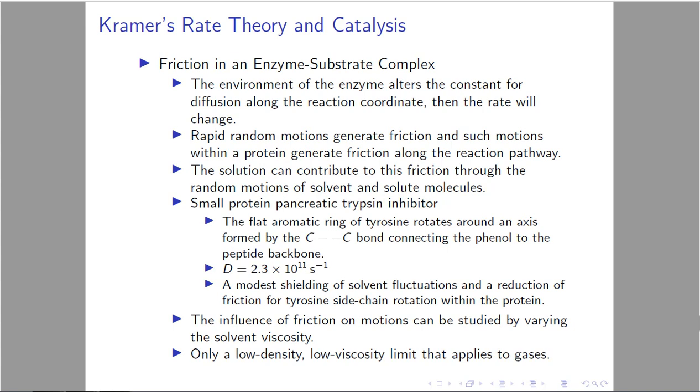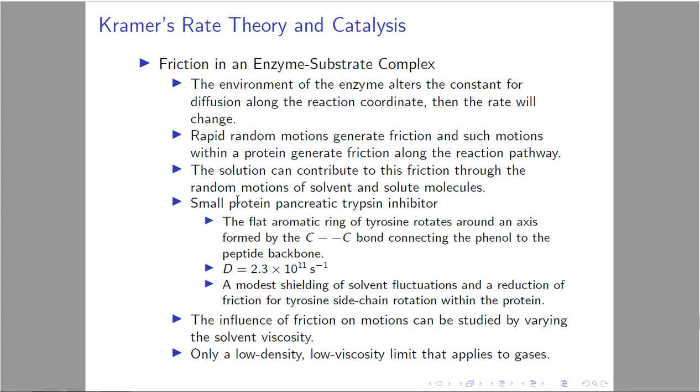Okay, and when we add enzyme and substrate, we increase the friction. Okay, so the environment of the enzyme alters the diffusion constant along the reaction coordinate, and then the rate will change. Random motion generates friction, and such motion within a protein generates friction along the reaction pathway. And then the solution can contribute to this friction through the random motion of solvent and solute molecules.